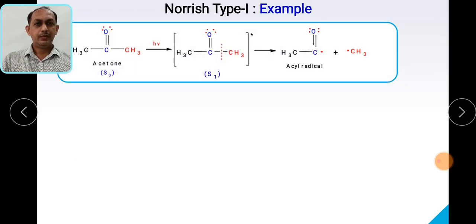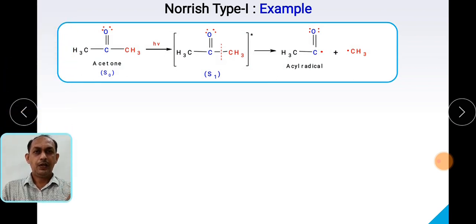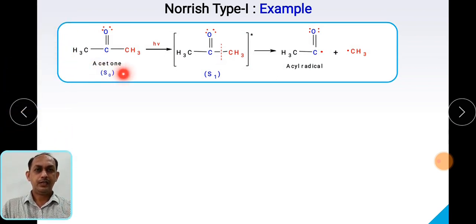Let us see the example. A well-known example of a ketone is acetone. Acetone has two methyl groups on either side of the carbonyl group. Ground state acetone, irradiated with photochemical light, will be excited to the singlet excited state.